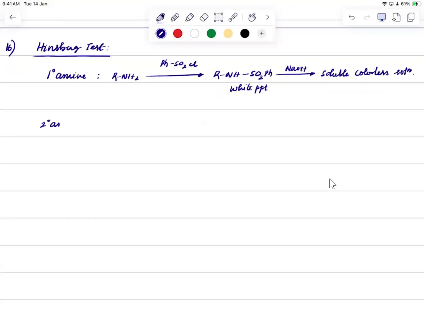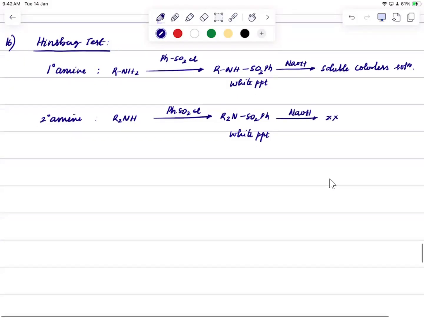If it is a 2 degree amine, R2NH with PhSO2Cl, you'll get R2N SO2Ph. Again, a white precipitate forms here also. But since there is no hydrogen anymore, you will not see it being soluble.